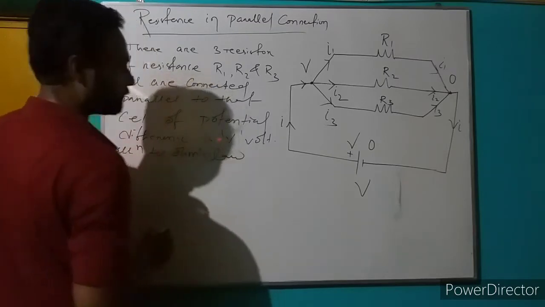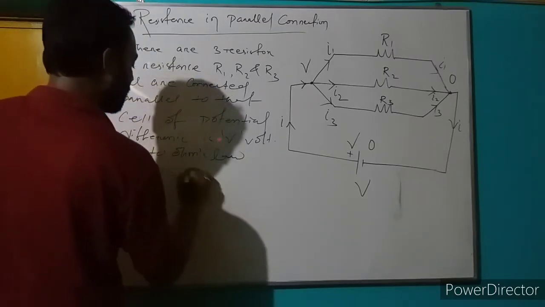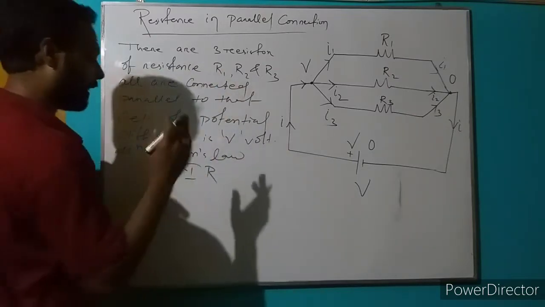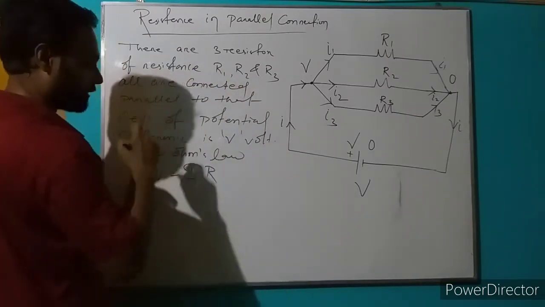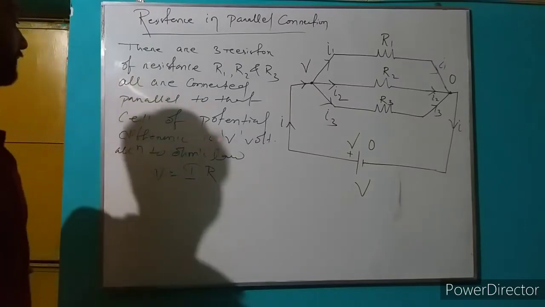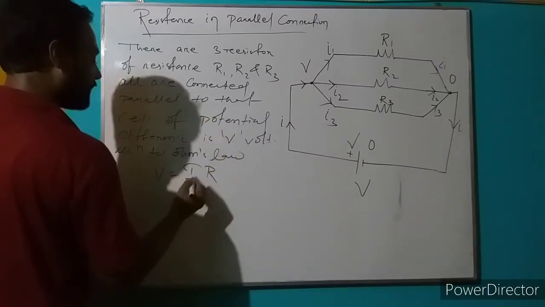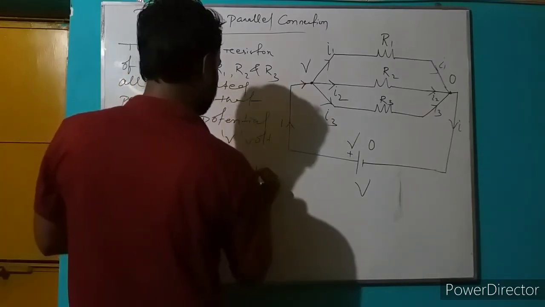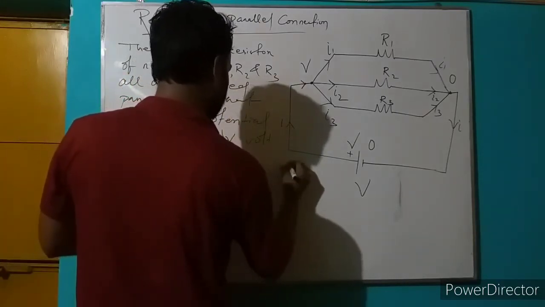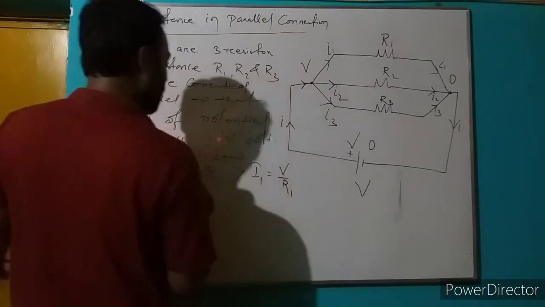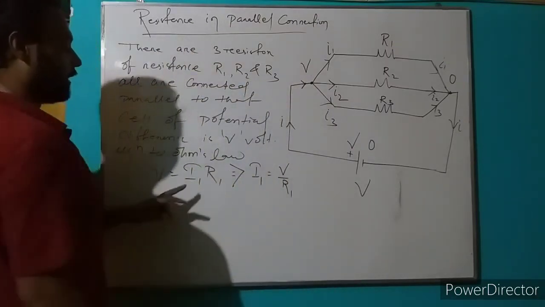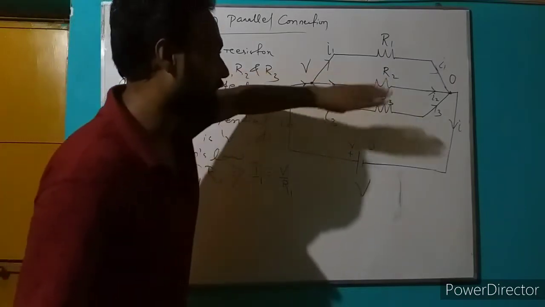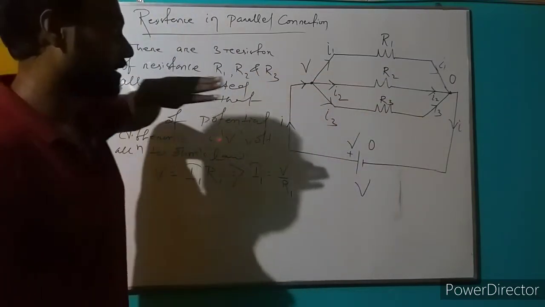According to Ohm's law, what will happen? We know V equals I into R. But in parallel connection, the current remains different. So I can represent I1 equal to V by R1. So R1 is different and I1 is also different. So current becomes distributed across each resistor.